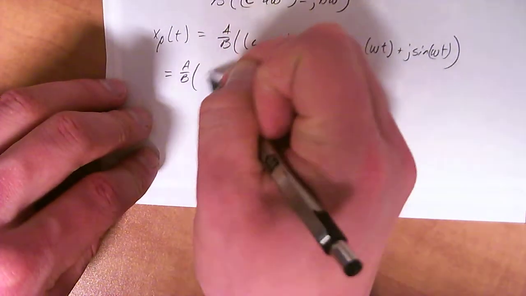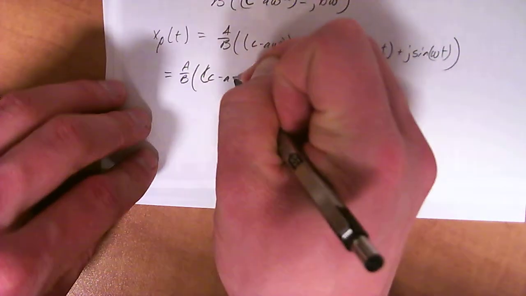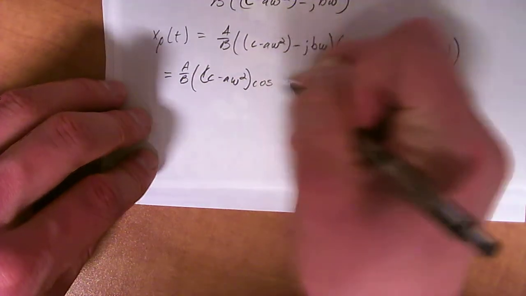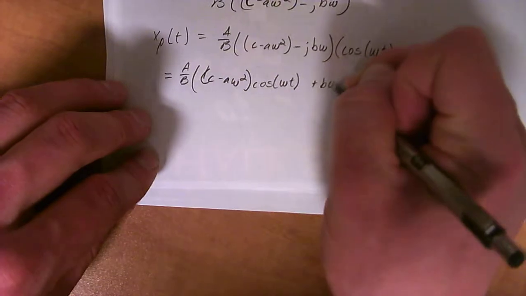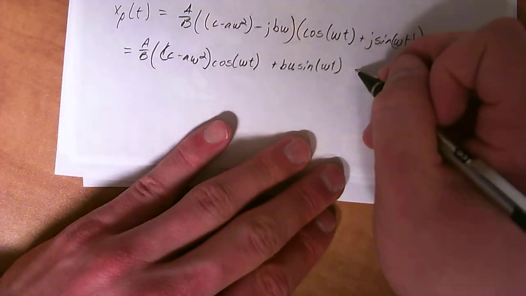Okay, so then expanding this further and multiplying this out, this is equal to A over B times C minus A omega squared cosine of omega t plus B omega sine of omega t.